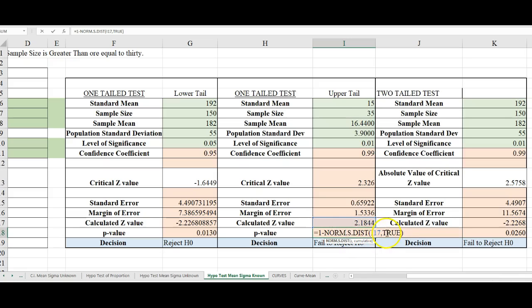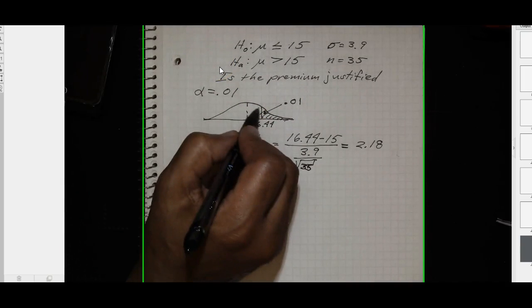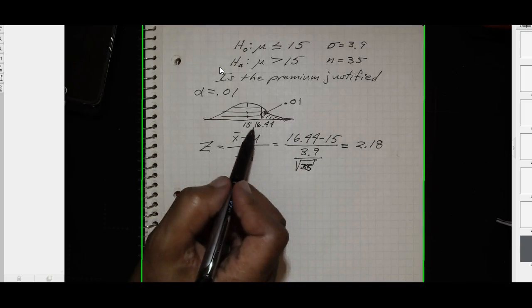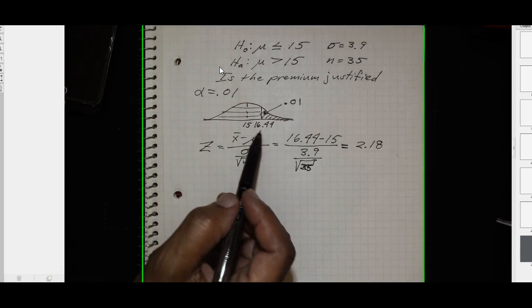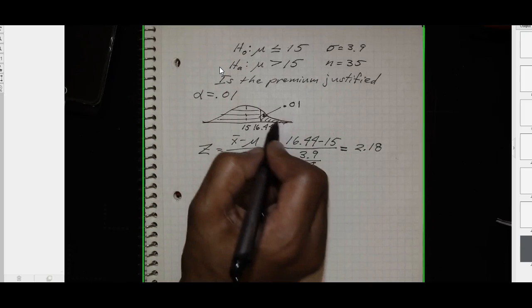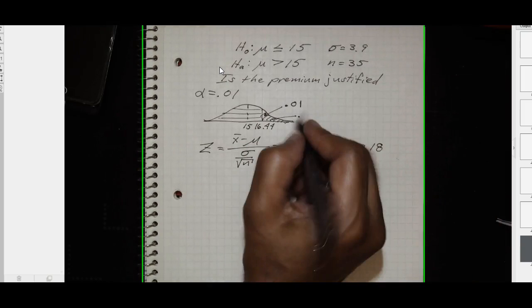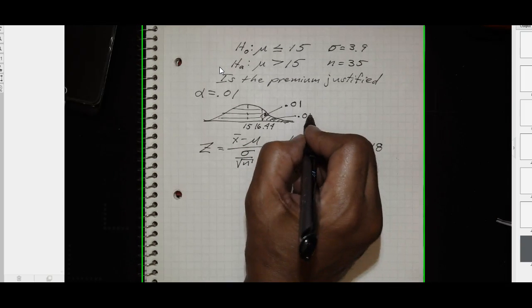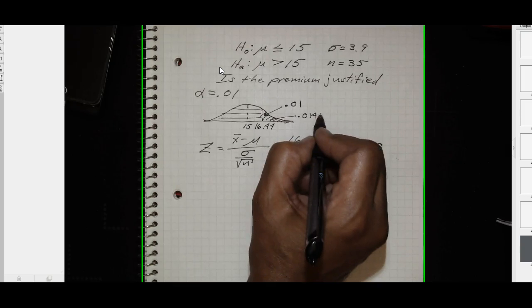And the reason we use the true parameter here is that what we're calculating is everything less than 16.44. We're calculating this area under the curve for everything less than 16.44, and we're subtracting it from 1 to get the actual area under the curve to the right of 16.44, which is 1.45, I think.